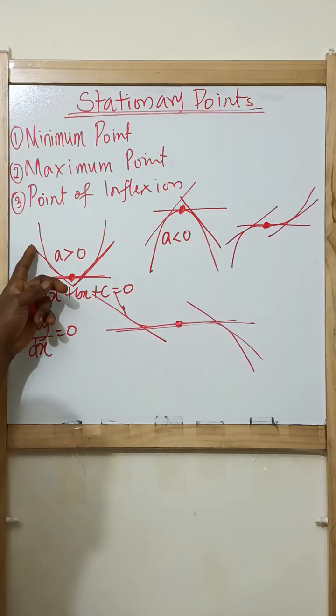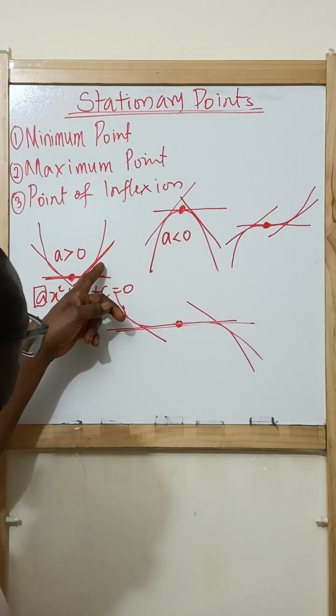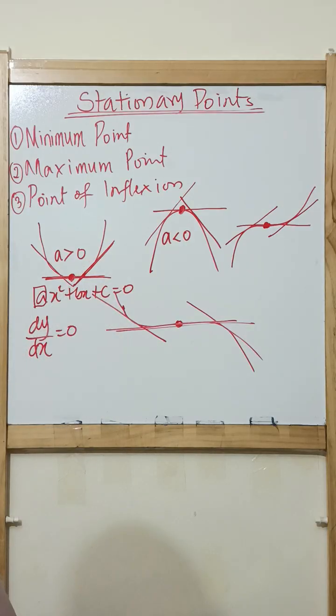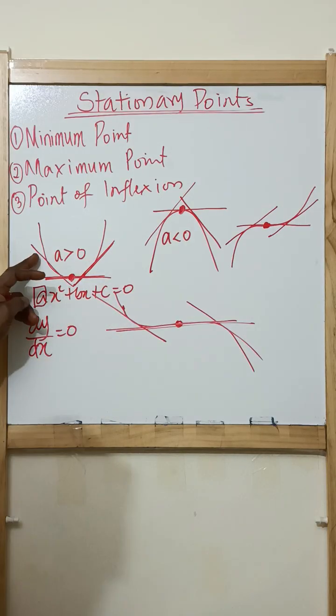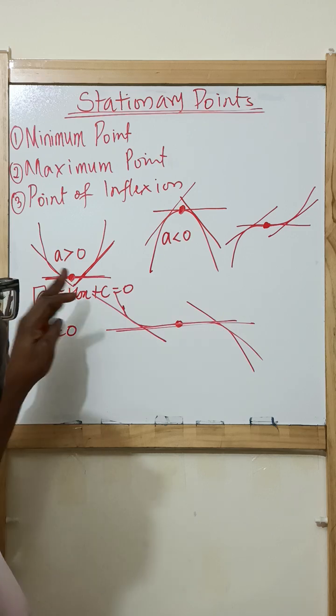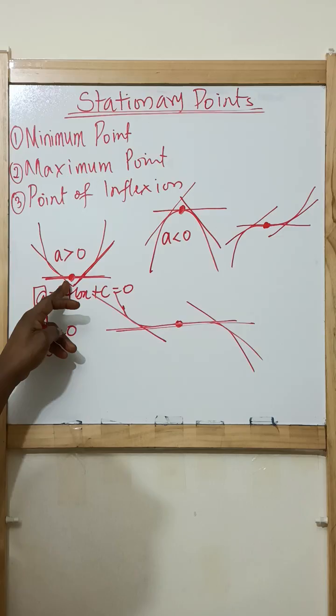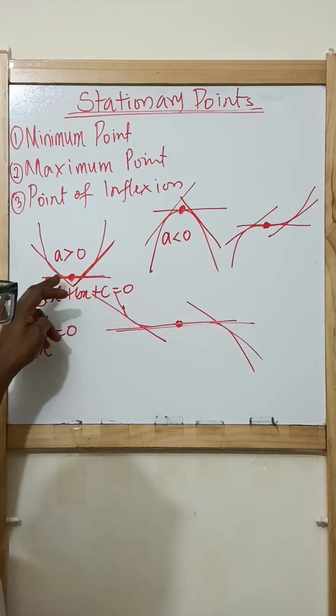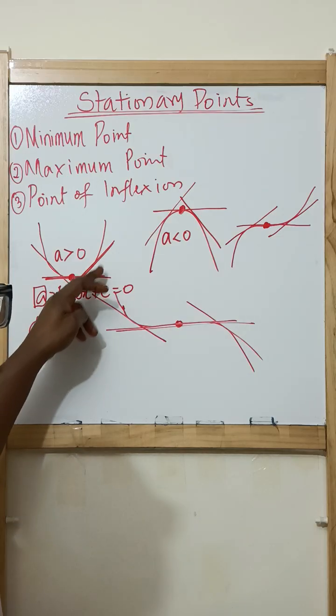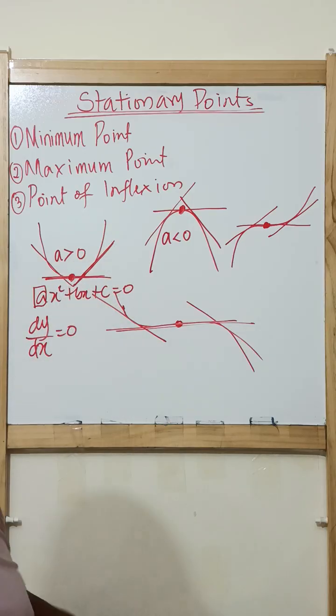So what happens before the point? What happens after the point? If there is a change in sign, in the case of this one, the dy/dx here is negative, then at this point it is 0, then after the point it is positive.